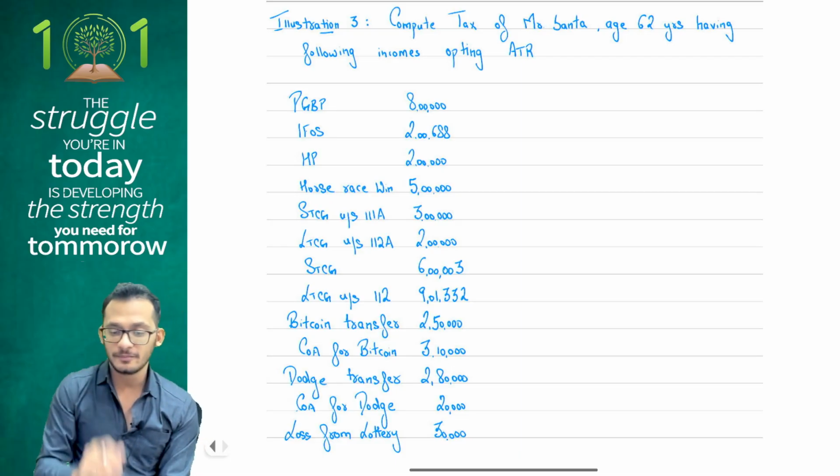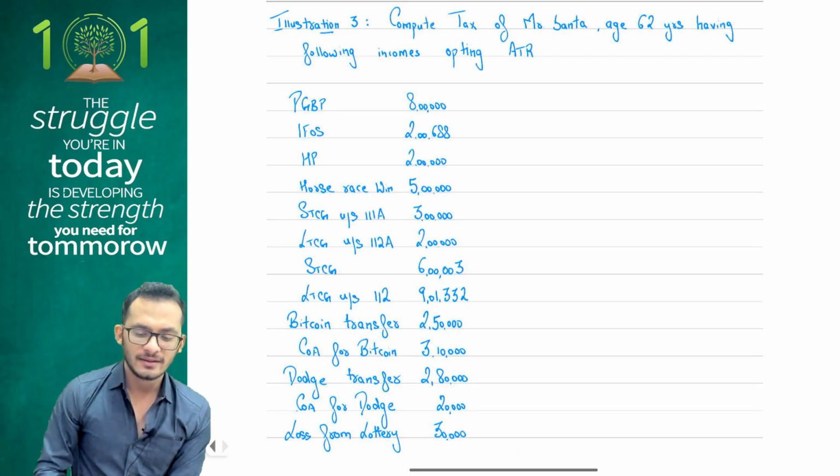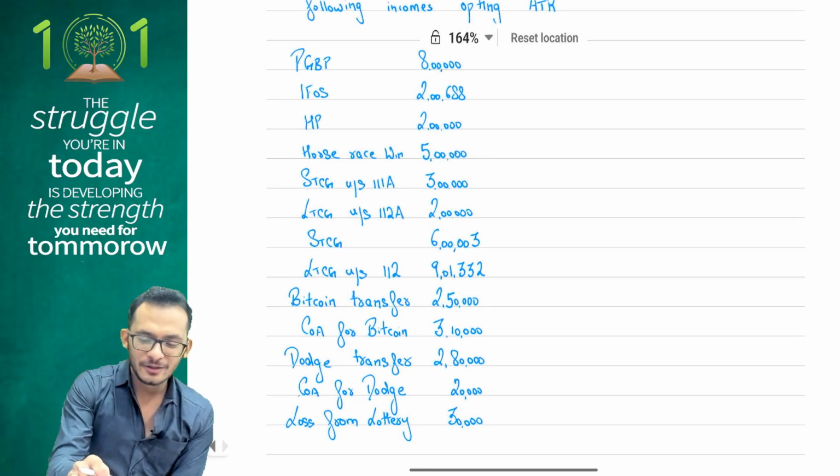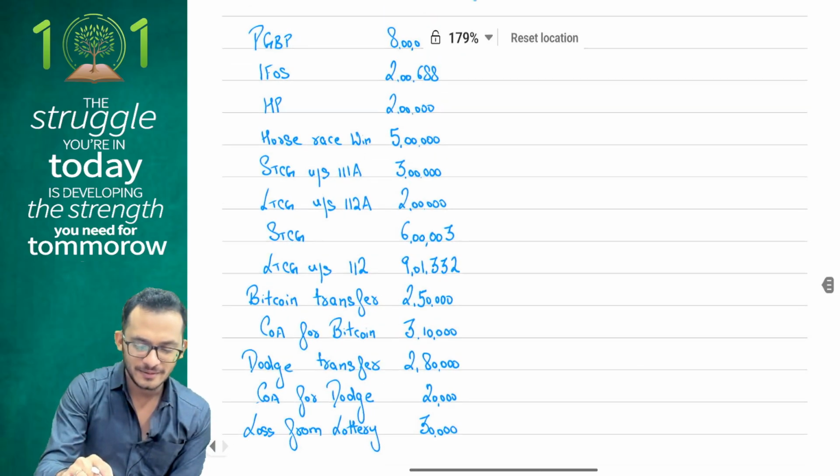So you're going to compute tax of Mr. Santa, aged 62 years, having the following incomes, and is opting for ATR. I've given you a big list, people, just to see if you're able to cover off everything properly.